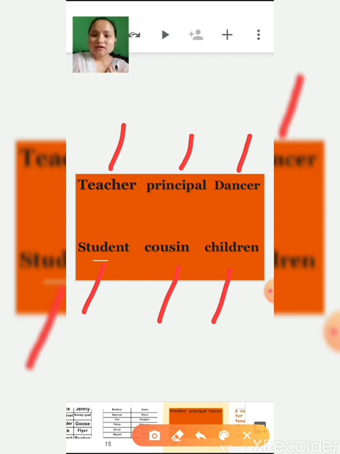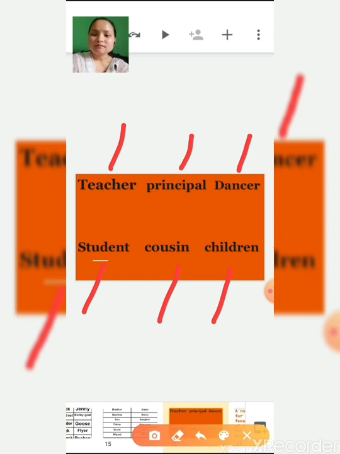That means children, teacher can be male also, female also. Principal can be male also, female also. Dancer can be male also, female also. Student can be male also, female also. You know, in a classroom only boys are not there or only girls are not there. Boys and girls both are present in the class, right?